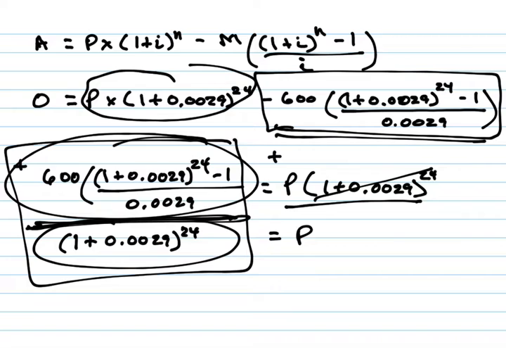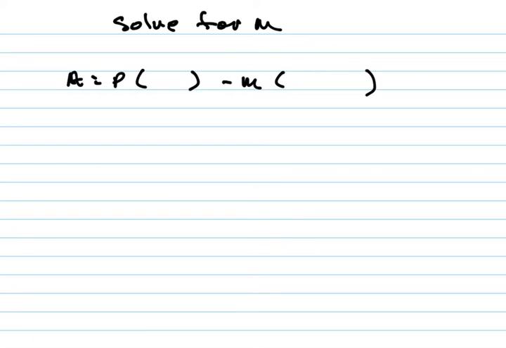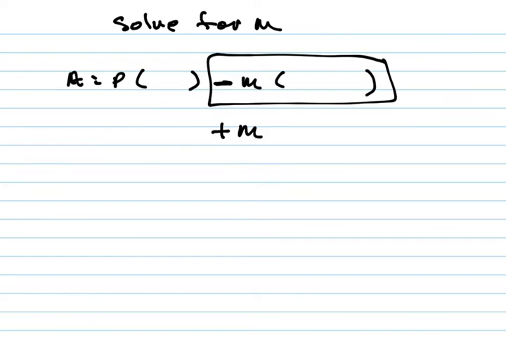Okay? Now, what if I was solving for M? Think about it. You have A equals P times a bunch of junk minus M times a bunch of junk. If I wanted to solve for M, I don't like minus M, right? So what I could do is simply add this over here, which would be fine because in order to do that, A has to be 0.